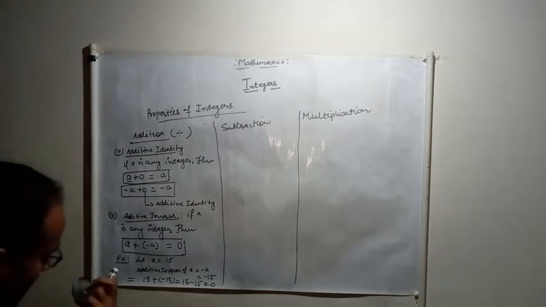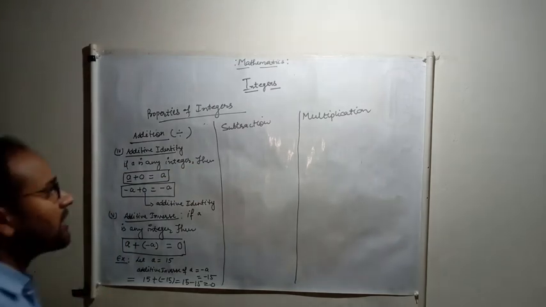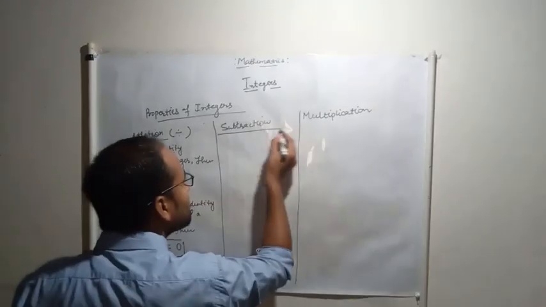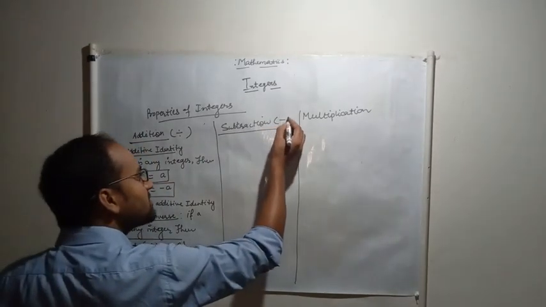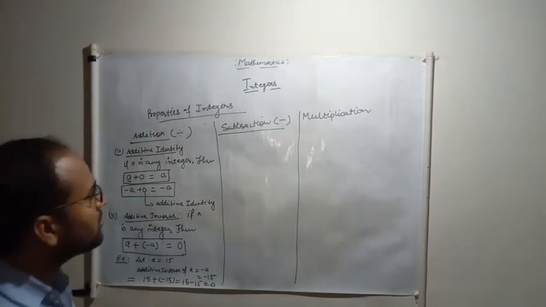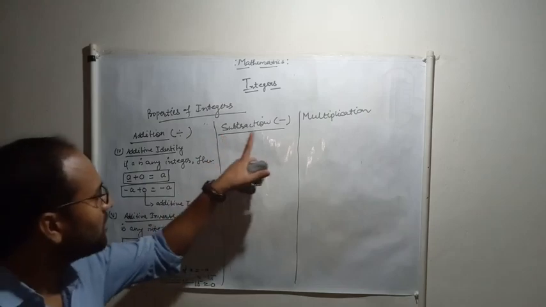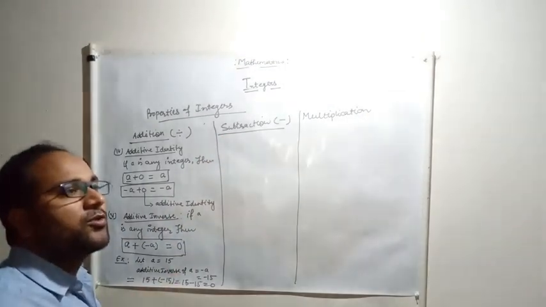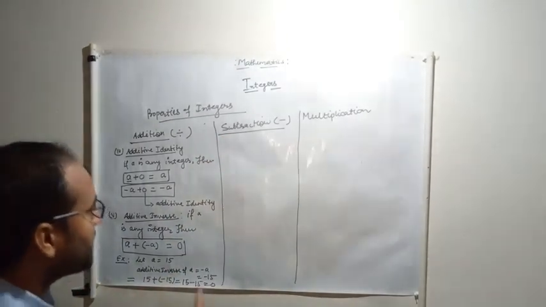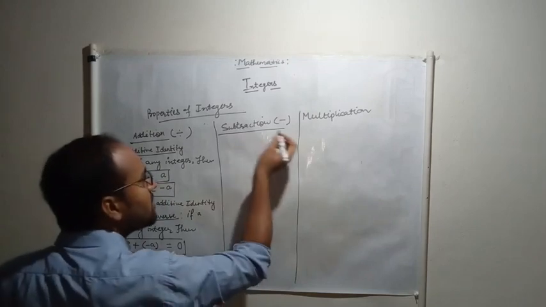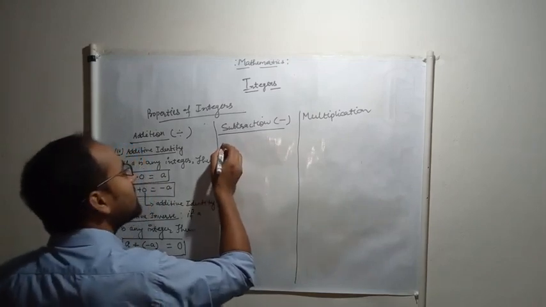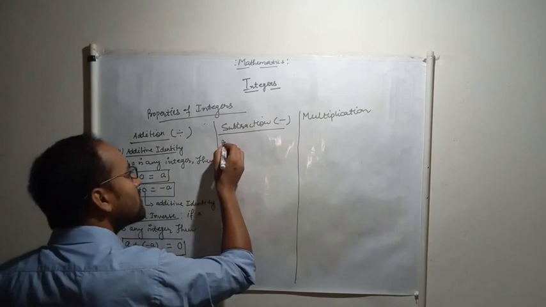Next one is subtraction. Subtraction will hold the closure property. It will not hold the commutative and associative properties. One special property related to subtraction is the property of zero.